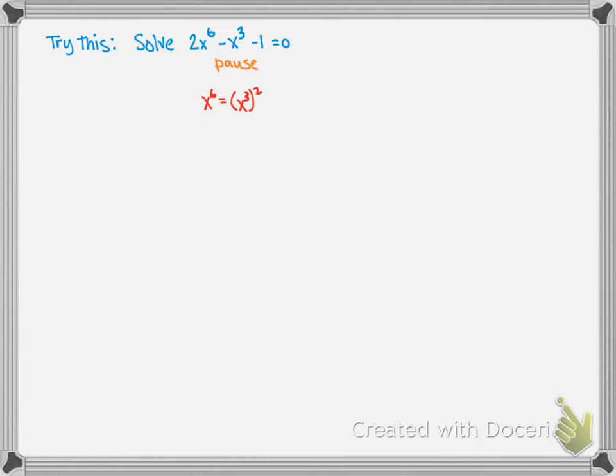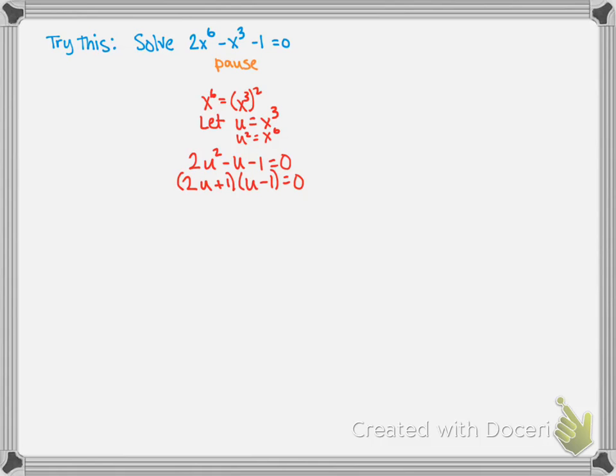Okay, here you should recognize that x to the 6 equals x cubed squared. So I'm going to let my u equal x cubed. Means u squared equals x to the 6. So my equation becomes 2u squared minus u minus 1 equals 0.